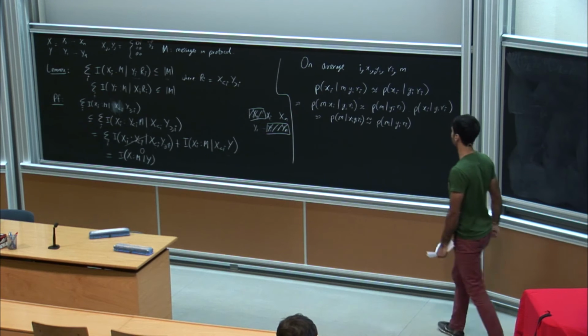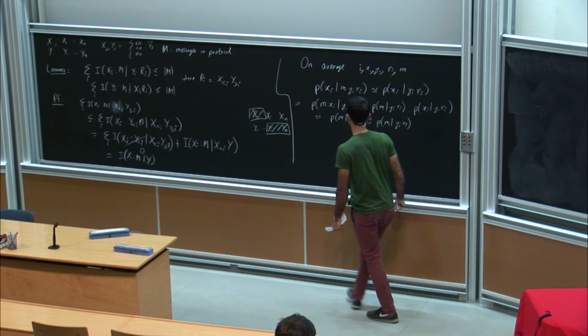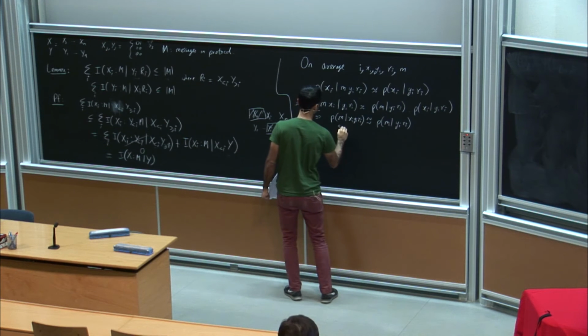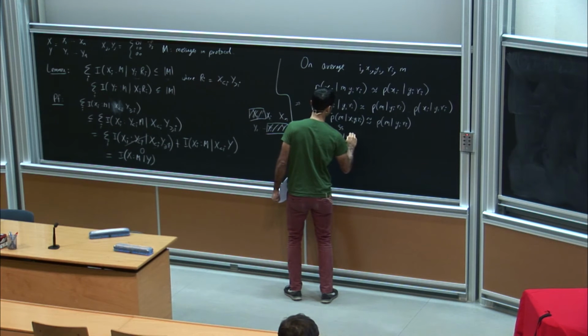And similarly, it's close to the distribution of M given the other variable, Xi, by exactly the same proof.